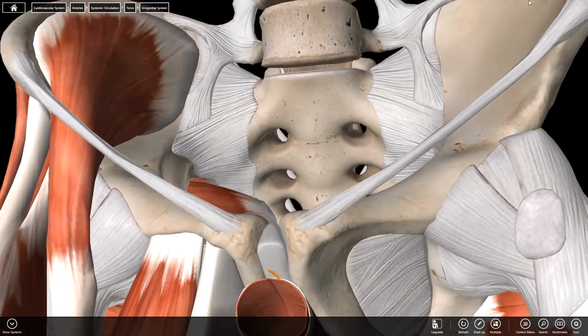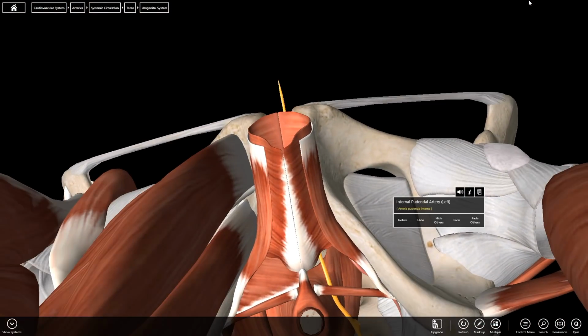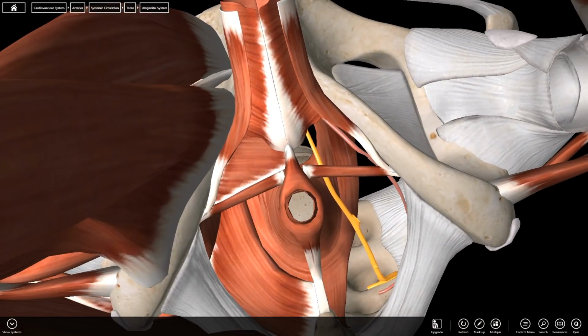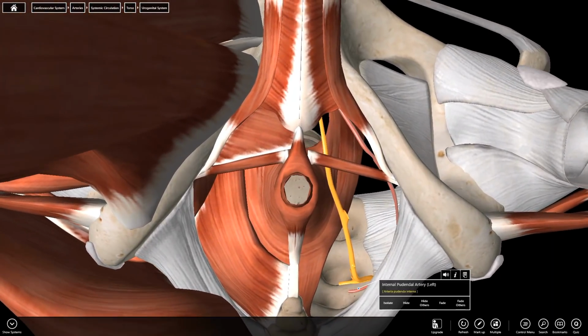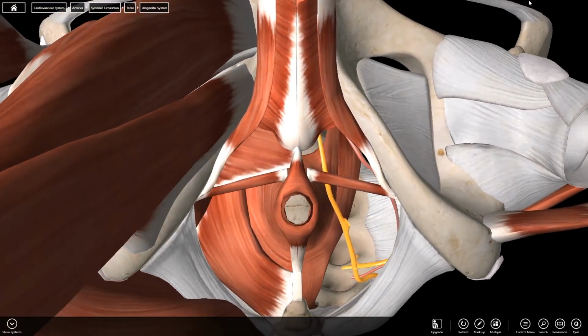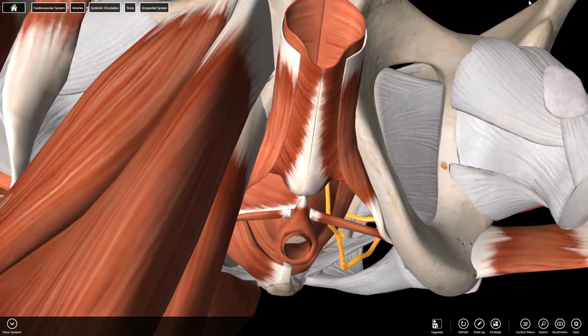And so what happens is they actually sneak into what is known as your perineal pouch, or your deep perineal pouch. They go out of the true pelvis and they come into the deep perineal pouch, which is right down here. So you can see this kind of space around.